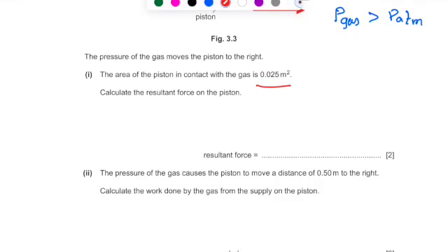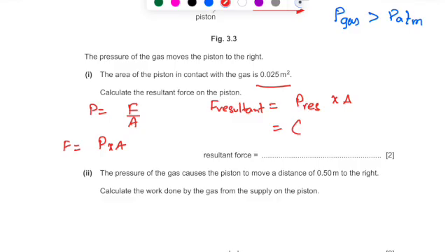Next, the area of the piston is given as 0.025 meters squared. Calculate the resultant force. Pressure is force upon area, so force is pressure times area. But I want the resultant force, so it is the resultant pressure times area. The resultant pressure is the pressure of the gas minus atmospheric pressure.